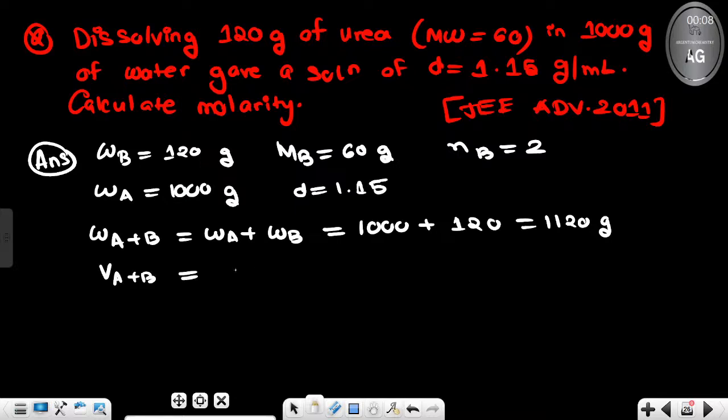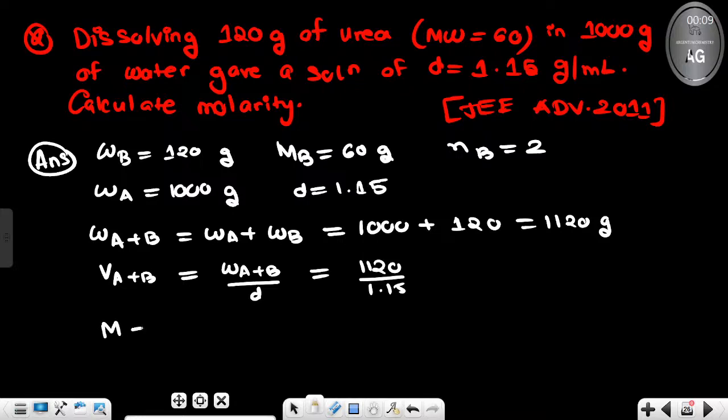Volume of the solution will be mass divided by the density of the solution. So weight of A plus B divided by density of the solution. So 1120 divided by 1.15. Let's see, we'll do it later on.